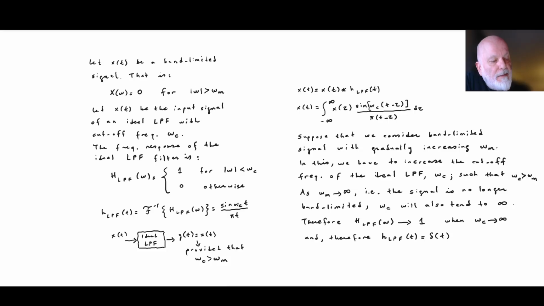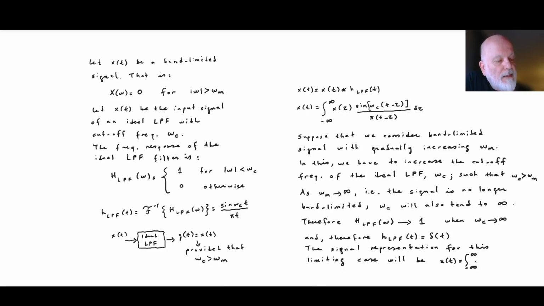Okay, and the signal representation for this limiting case will be x of t equal to the integral from minus infinity to plus infinity of x of tau delta of t minus tau, integrated with respect to tau.